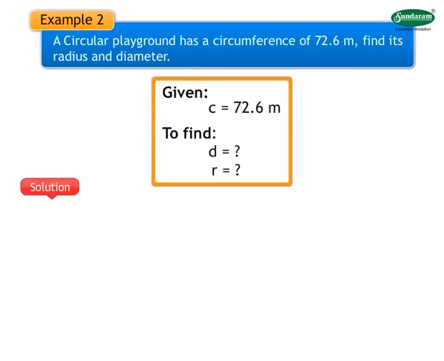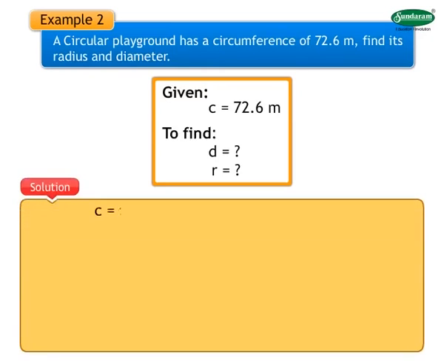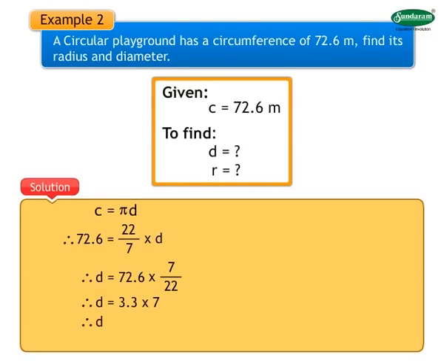Since circumference is already given, we will use the formula C is equal to pi into diameter. Therefore, 72.6 is equal to 22 upon 7 into diameter. Interchanging the sides, we get D is equal to 72.6 into 7 upon 22, which is equal to 3.3 into 7. Therefore, D is equal to 23.1 meters.